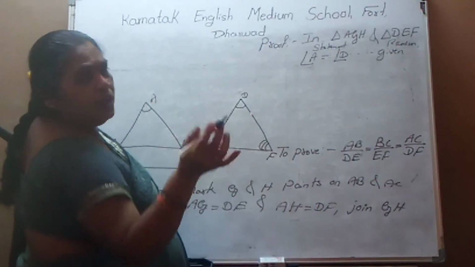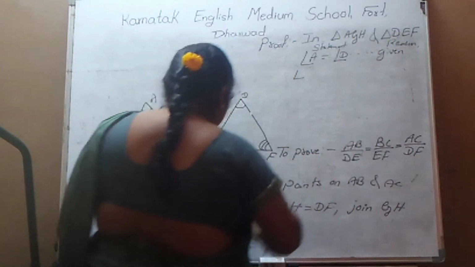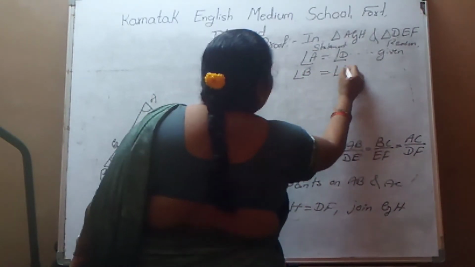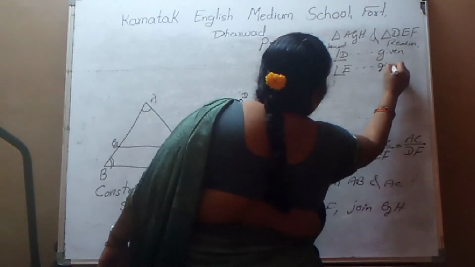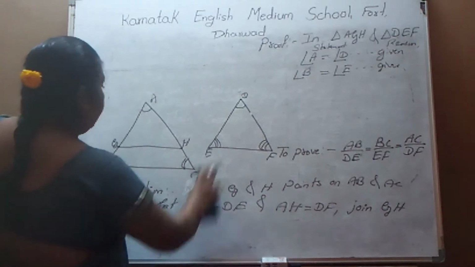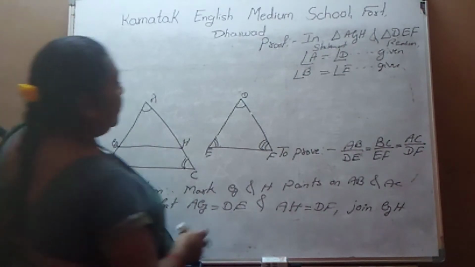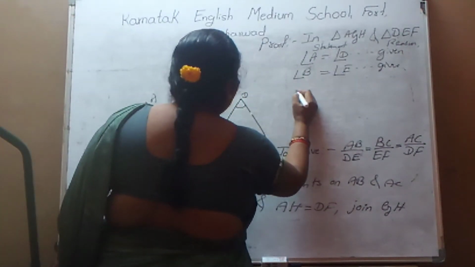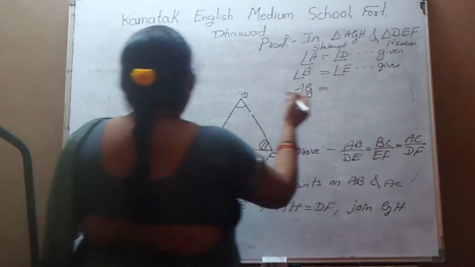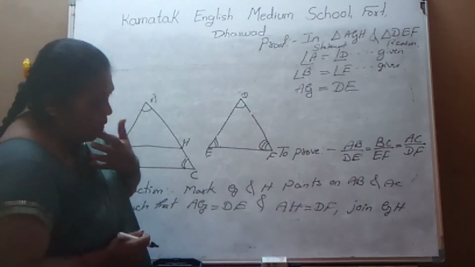Angles are equal, they only gave. And angle B is equal to angle E, this also they only gave. And AG equal to DE.